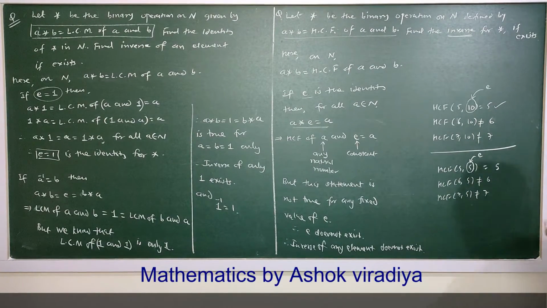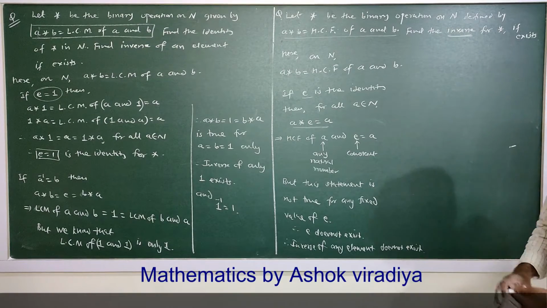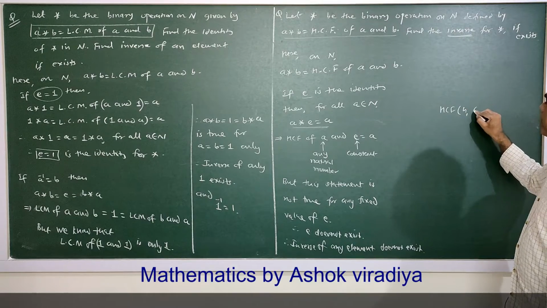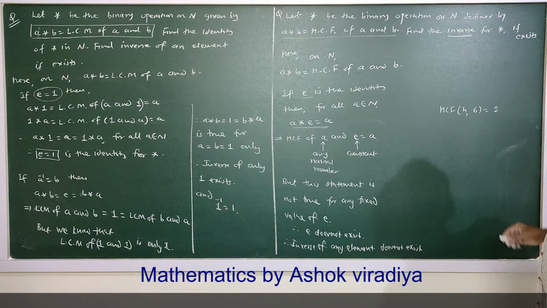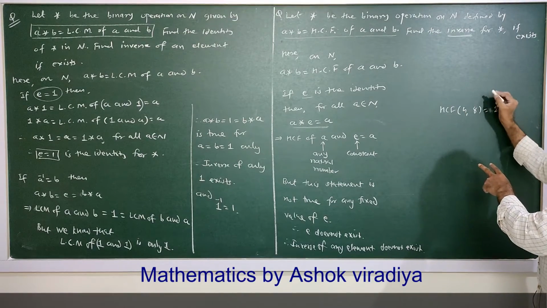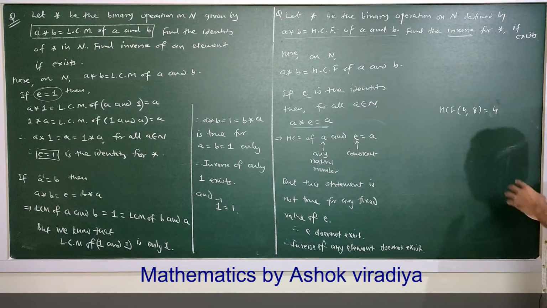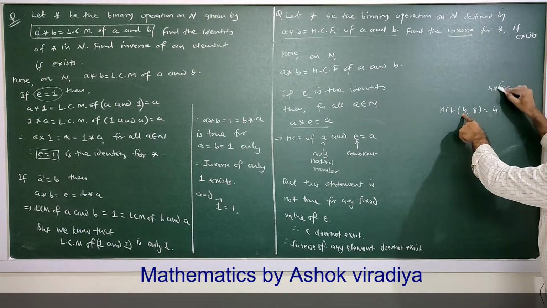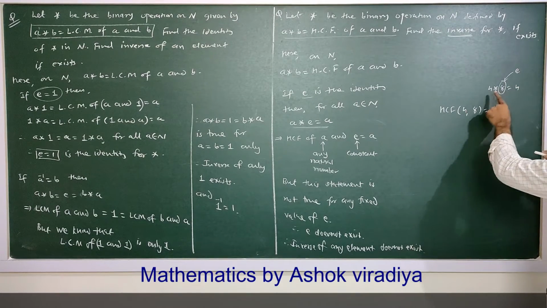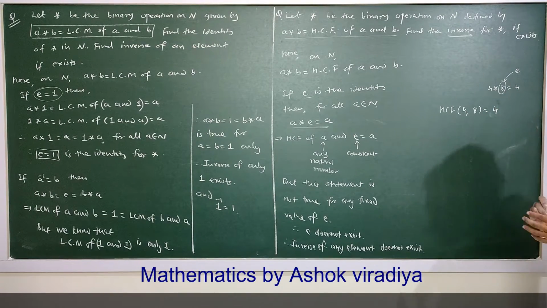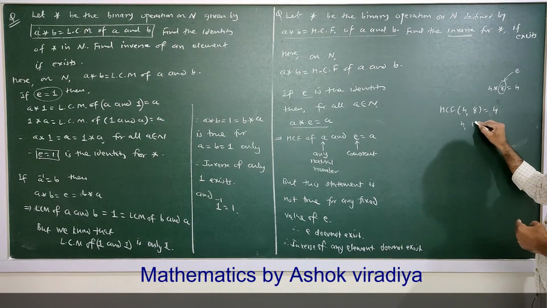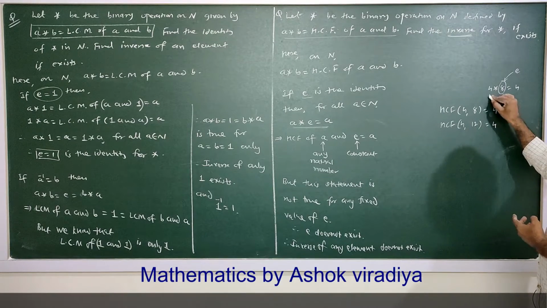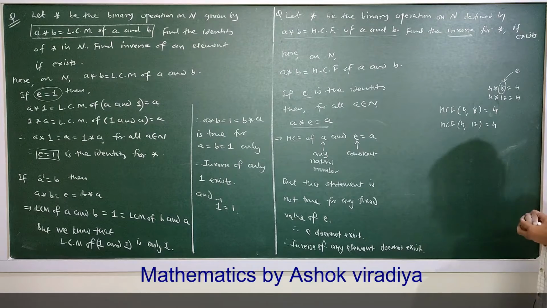Here you can also imagine another example. Suppose HCF of 4 and 6 is 2. HCF of 4 and 8 is 4. That means 4 star 8 is 4, so this is looking like E, A star E is A. But 4 star 12, HCF of 4 and 12, is also 4.